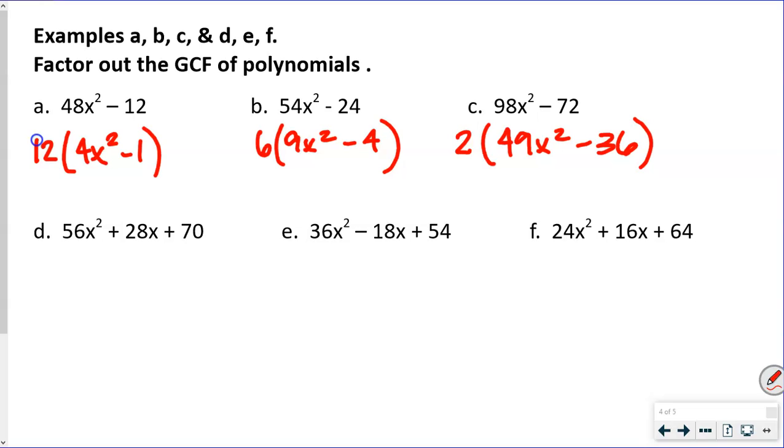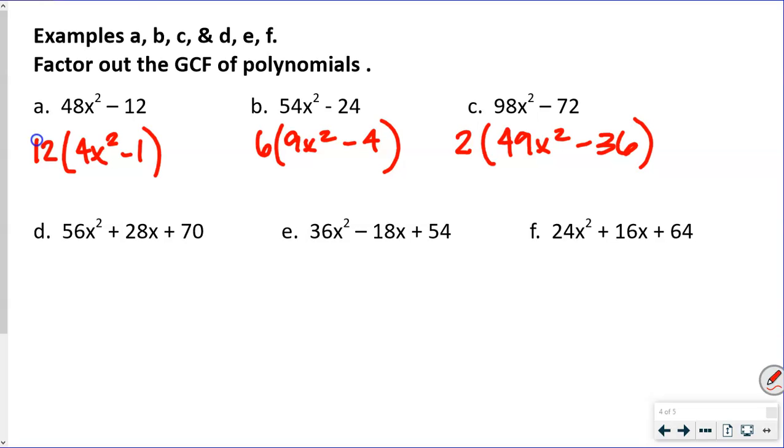All right, now let's look at D. We've got 56, 28, and 70. So what do y'all think? Yeah, they all look like they're divisible by 2. Not 4.